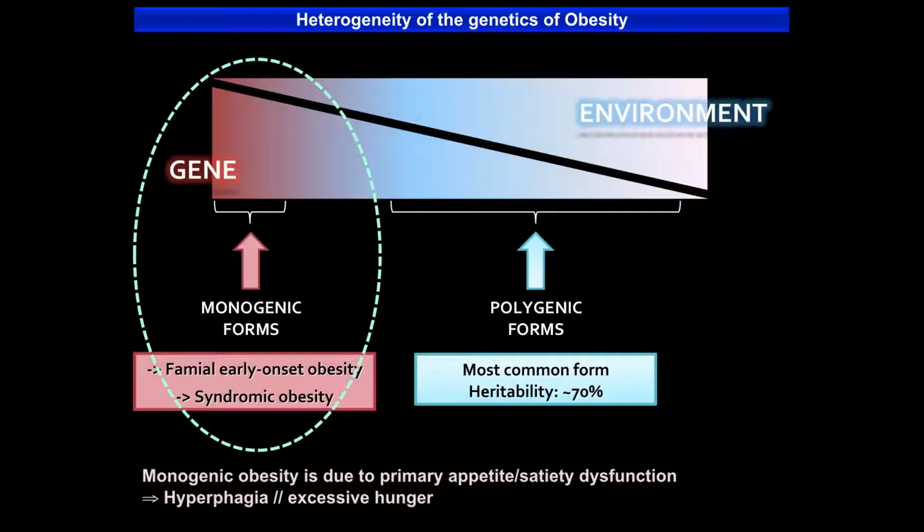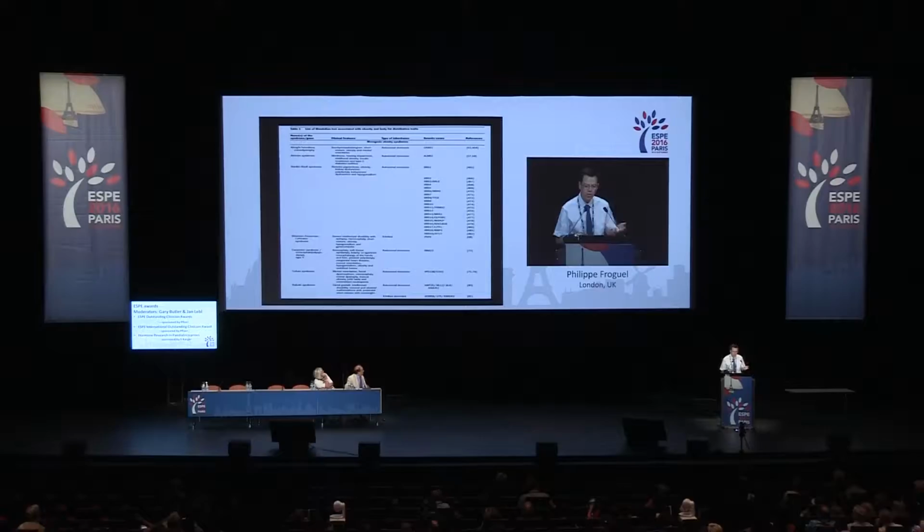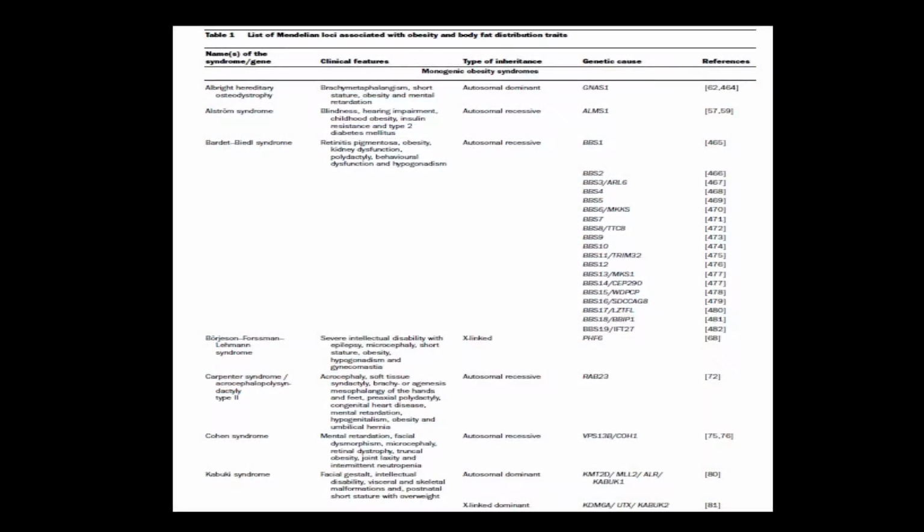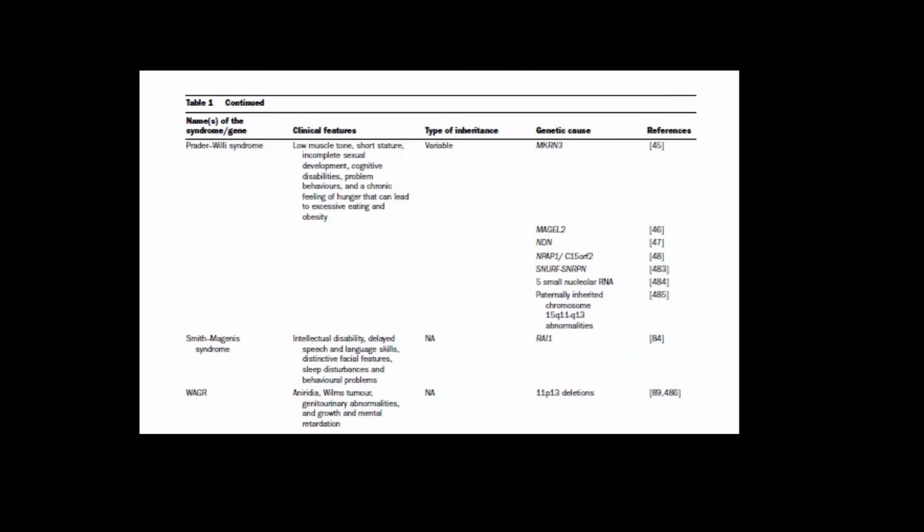And as you know, there's the syndromic and the non-syndromic form of obesity. I don't have time, and I'm not an expert in the syndromic form of obesity, but you all know that there are a lot of syndromes associated with obesity, like Bardet-Biedl syndrome, Cohen syndrome, and of course Prader-Willi and Prader-Willi-like, and Wegener.